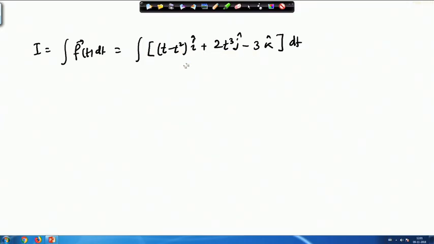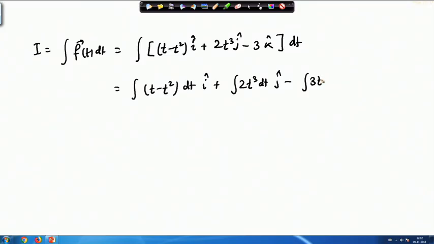So the integral will be done on the first component: (t minus t square) dt i plus 2t cube dt j minus 3 dt k.